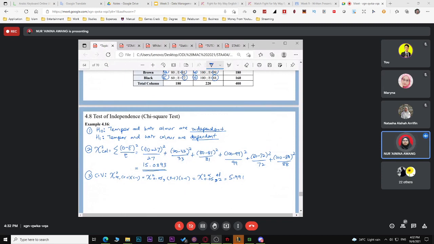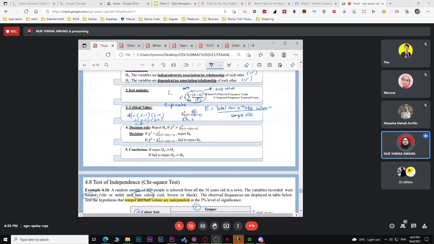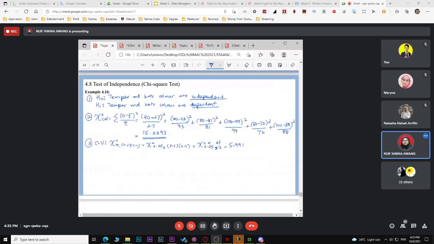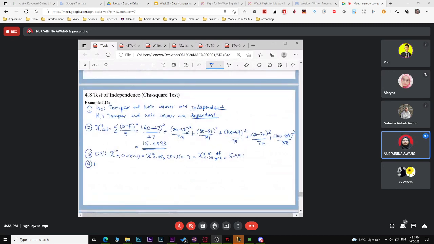The next step is your decision rule. The decision rule is fixed. You reject your H0 if chi-square calculated is more than your chi-square critical value.